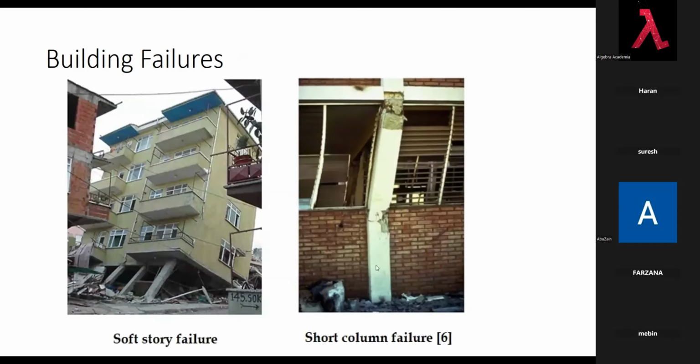Similarly, in other cases we can see the ground story column has failed. The column dimensions are just 230 by 230 or 300 by 300. No special care has been given to the columns. In the second picture, the column is there because of the window opening.